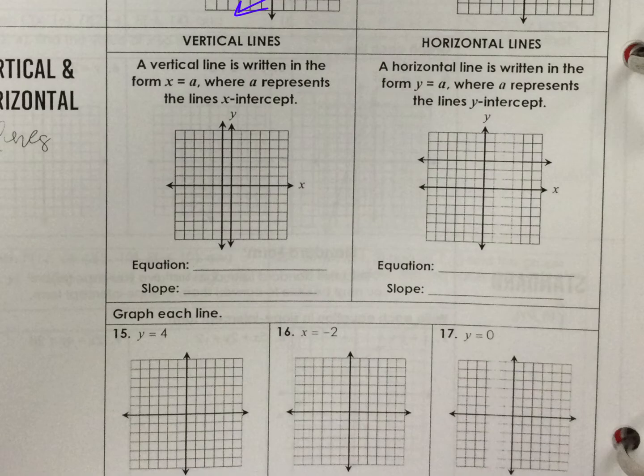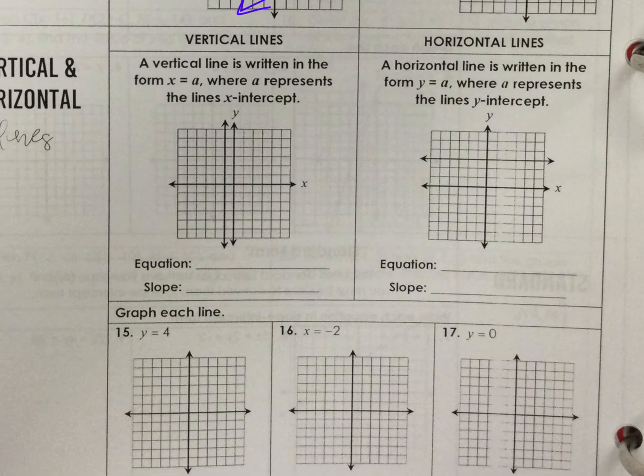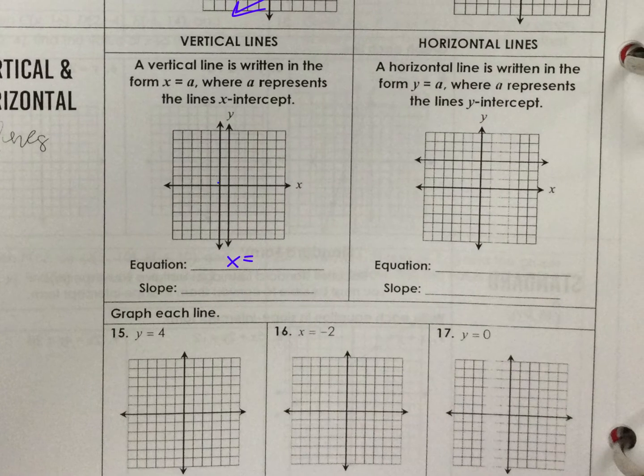All right, a vertical line is a line that goes up and down, and the equation for a vertical line is always x equals wherever it is. So if I look, this line right here is on, let me highlight it for you.